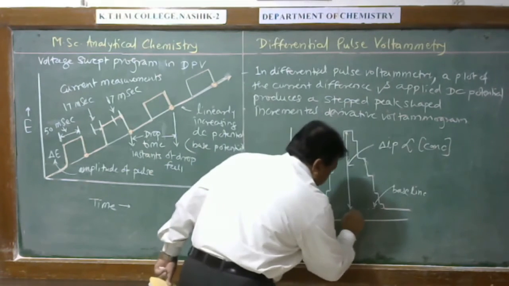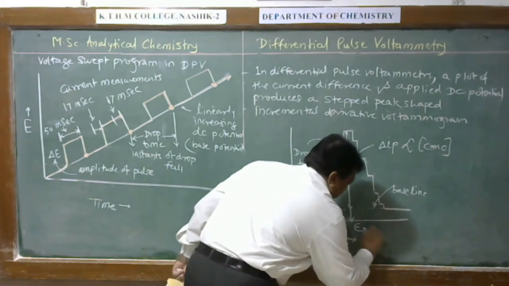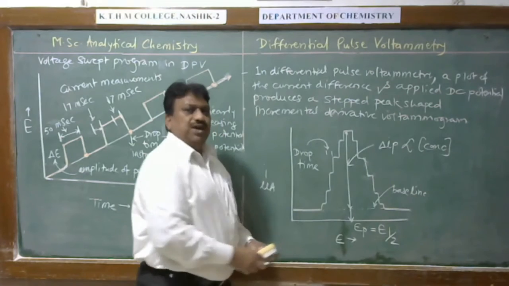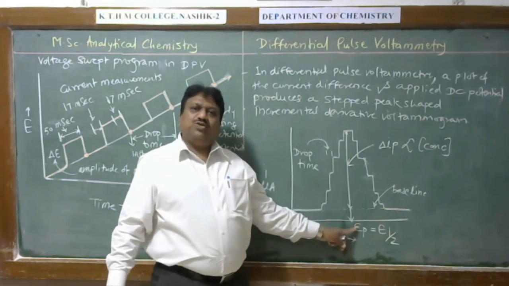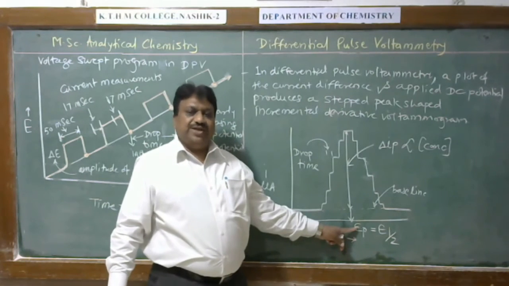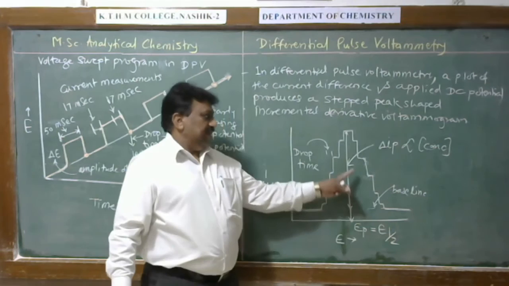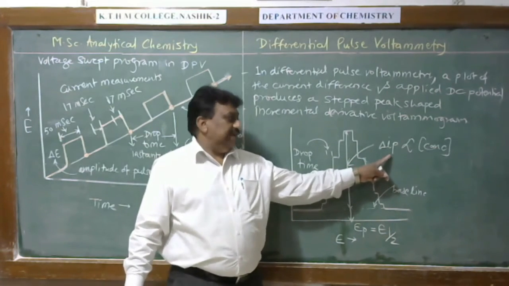And this is the potential at which the peak is obtained, that is also called the peak potential, which is equal to the half wave potential. Therefore, the peak maxima is equal to the half wave potential, or peak current, which is the identity of the material. And delta IP is directly proportional to the concentration of the material.